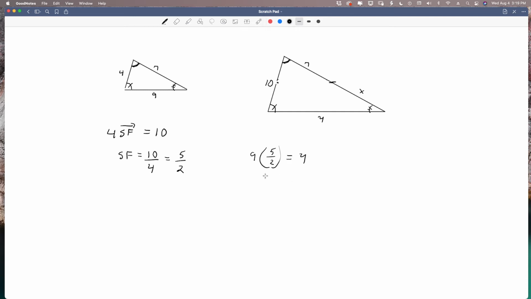Just like before. So 45 over 2 equals y. So we can do our division here, and we know that 22 and a half is the dimension of y. So that equals 22 and a half. And that's fine, right? We can see that.